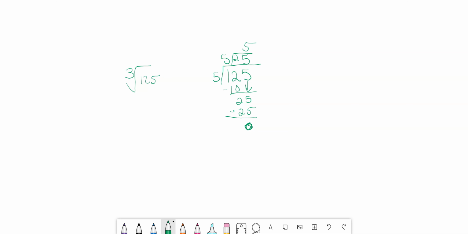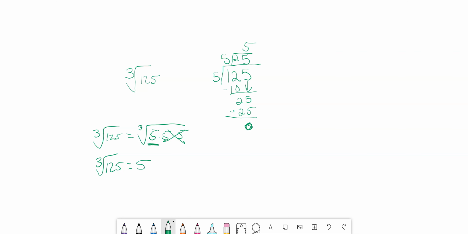So we have the cube root of 125 is equal to the cube root of 5 times 5 times 5. So in this case, we have a group of triplets because it's a 3. We want the triplets and only one can survive. So this 5, in order to get out, has to kill these 2 to get rid of them. And so the cube root of 125 is 5.